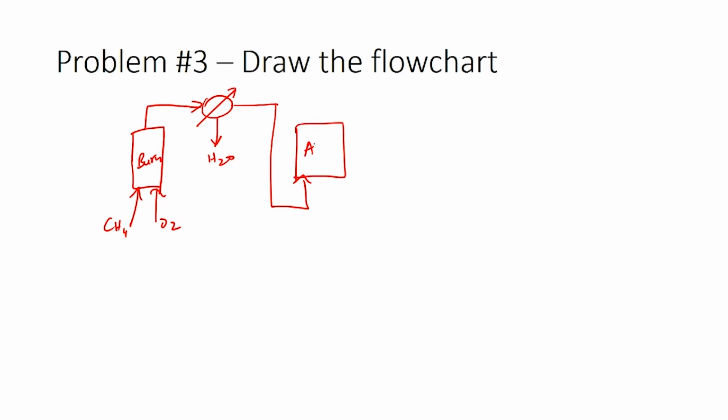So, let this be the absorber, and in the absorber you also have a solvent. We have not been told what solvent it is, just some pure solvent which is being fed to the absorber, and this solvent carries out all the CO2 and 97% of acetylene in the liquid form.